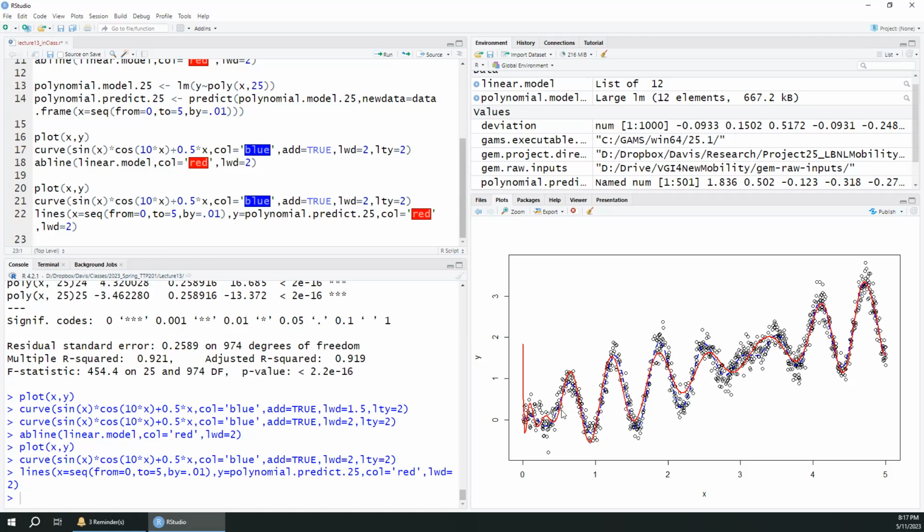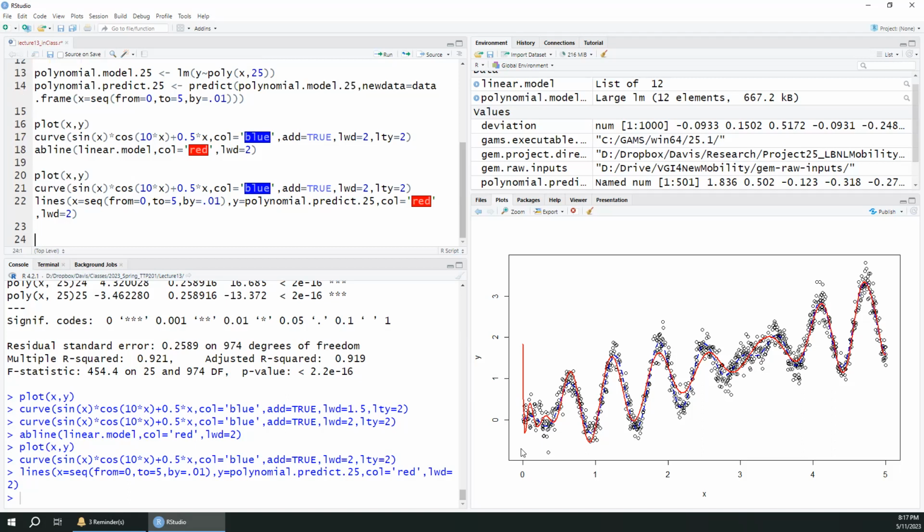And then, as I had mentioned before, at the boundaries of our x terms, you might get some aberrant behavior, right? That's what we're observing here, and that's due to the fact that the polynomials introduce a lot of variation at the boundaries. But overall, we can see that the red line is much better in this case than it is in the pure linear regression.